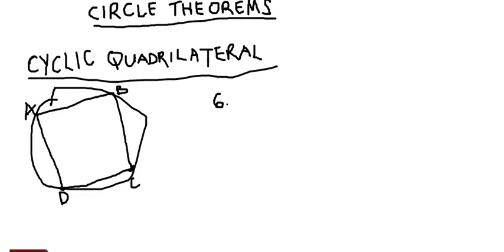cyclic quadrilateral. So theorem number 6 states that opposite angles of a cyclic quadrilateral add up to 180.